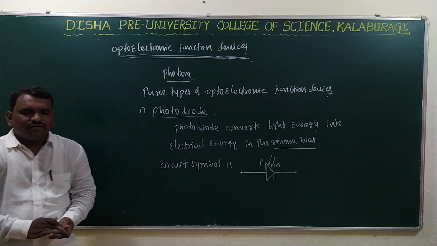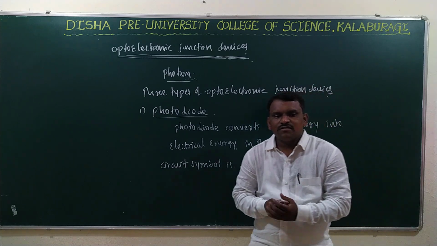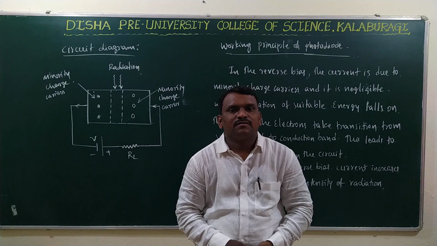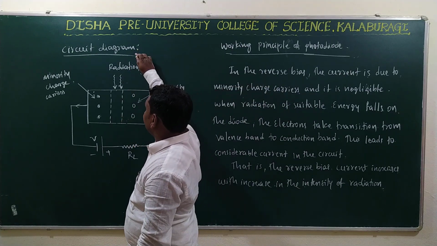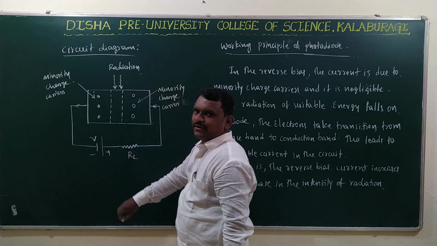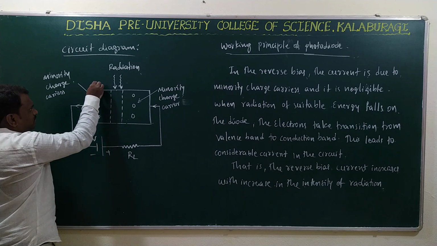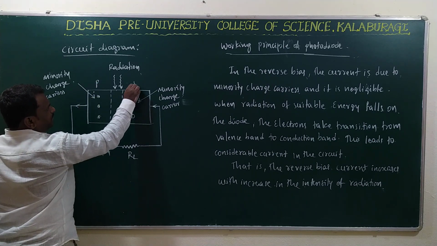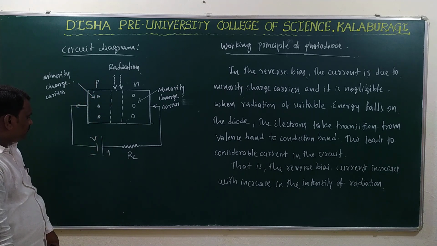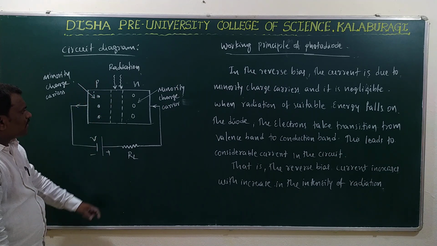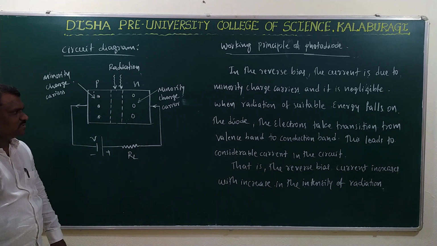Okay, next we discuss the circuit diagram and working of a photodiode. Observe here the circuit diagram of the photodiode. In the junction, it is a P type and it is N type, connected to the high voltage battery V, and the current flows through the load resistance.